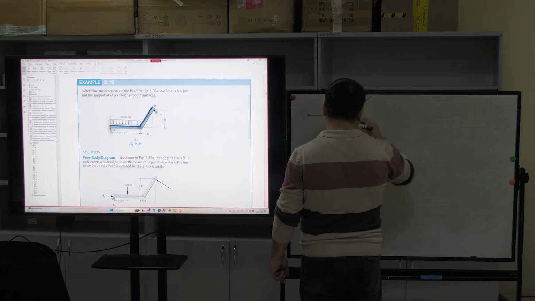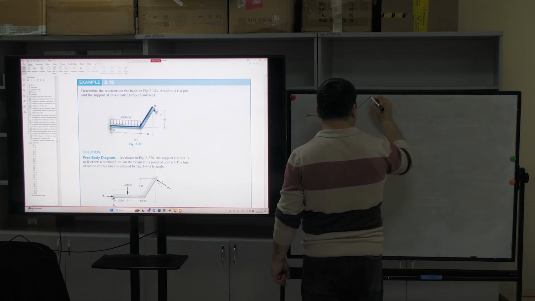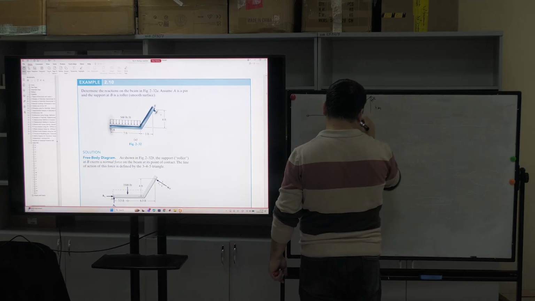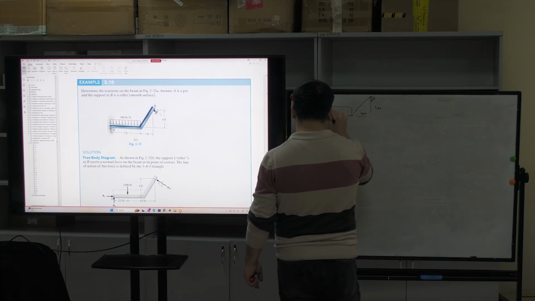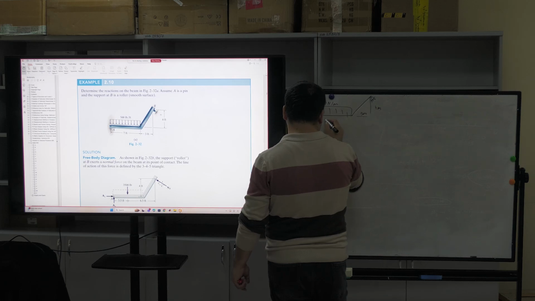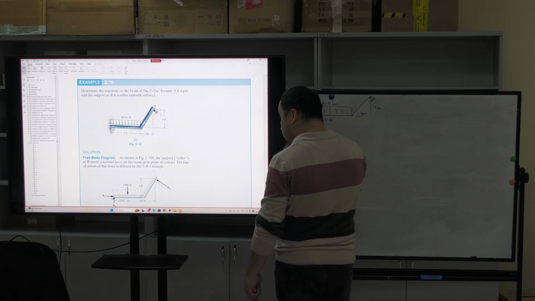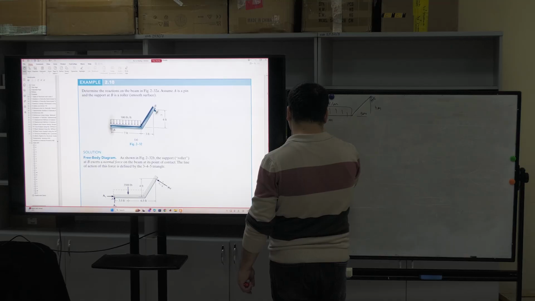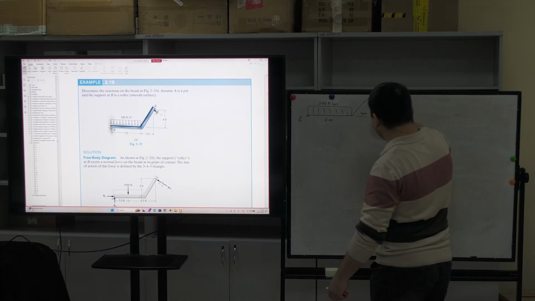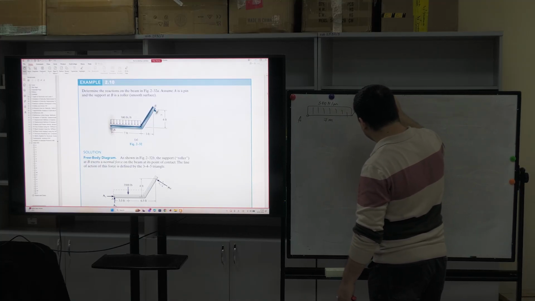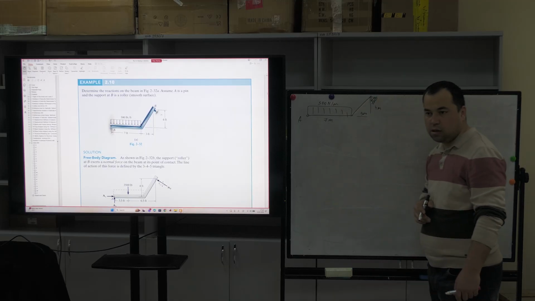Higher, like this, and here we have a roller support. 4 meters, 3 meters, and here we have a spread force, or distributed force, 500 newtons per meter, and 7 meters. Okay, we have point A. Now is it clear?